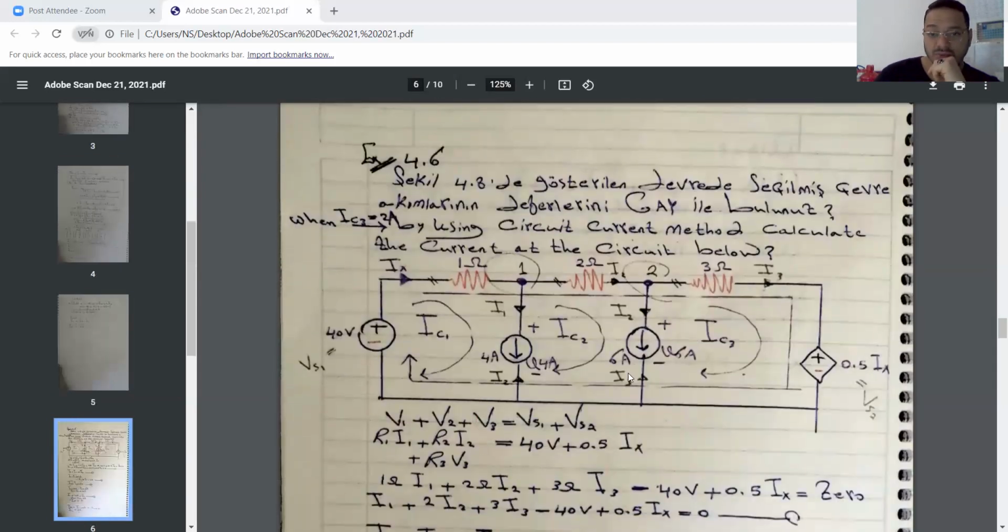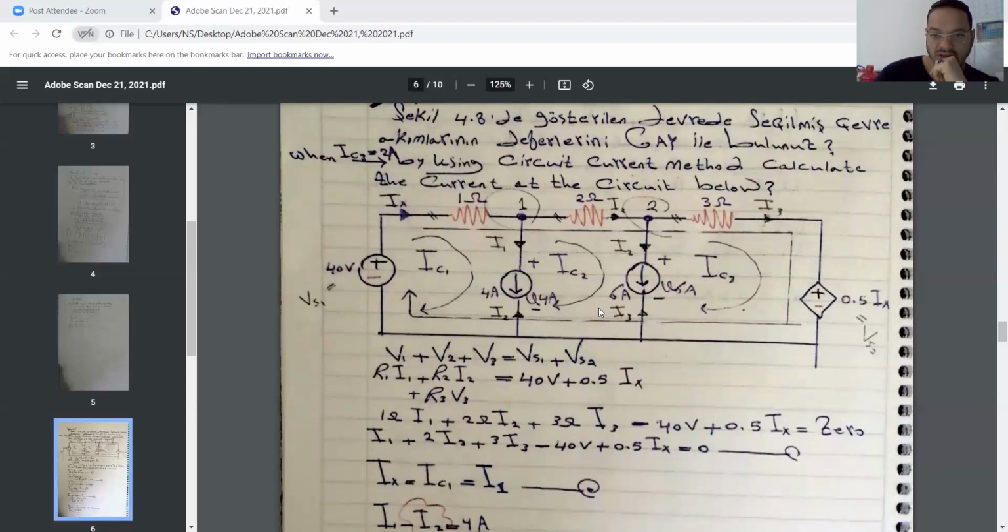Another example: here we have the circuit. We have 3 different resistances, with a dependent voltage source and an independent voltage source, and a dependent current source, with plus and minus signs instead of an arrow. The resistances are 1, 2, 3 ohms.